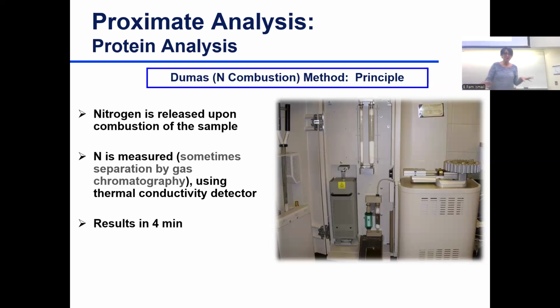So during this combustion, everything in your sample, organic and inorganic, turns into gases. And then the first step, not sure if the new system is the same, but Andresa will be talking to you about the different components of the system, it goes through an initial scrubber that takes out some moisture.